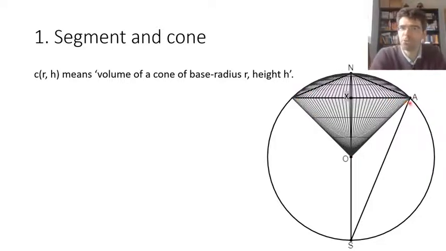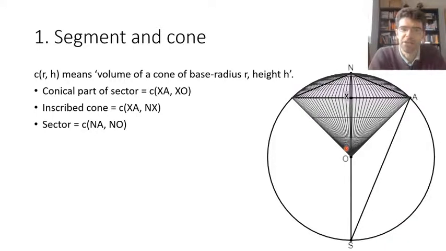And cones are so important for what Archimedes is going to do and the way he's thinking about these problems that I'm going to introduce some special notation to describe a cone with a certain base radius like xa and height xo. We'll write that just as C xa xo. So that's how to read that notation.